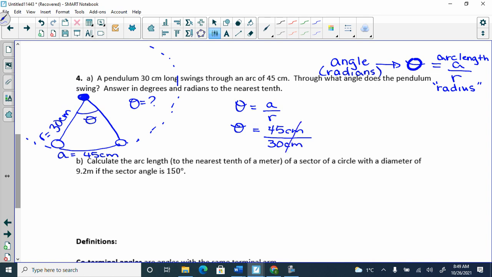When I have theta equals something without units, what is it? Radians. Because if it was degrees, it would have to have a degree symbol, which it doesn't have. That's why this is always in radians. So theta equals 1.5 rads, or just 1.5, or 3/2, or 1.5 radians. Doesn't really matter. That's theta.